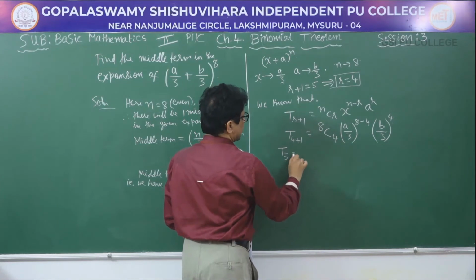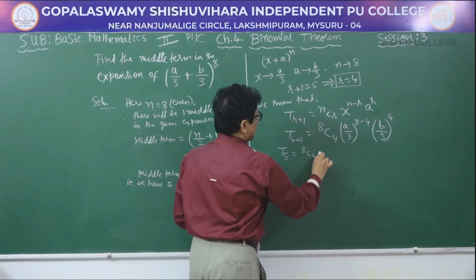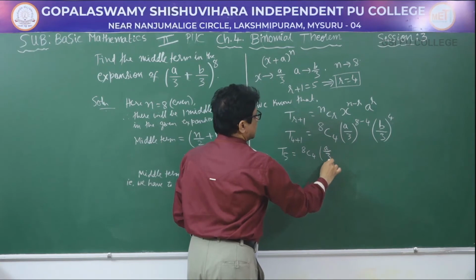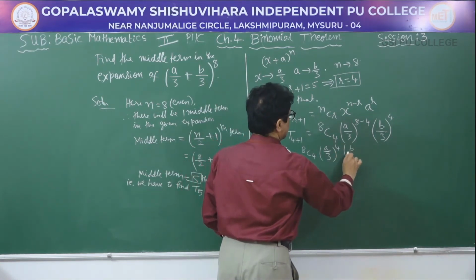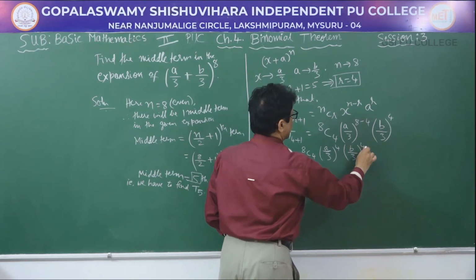So, T5 is equal to 8C4 into (a/3)^4 into (b/3)^4.